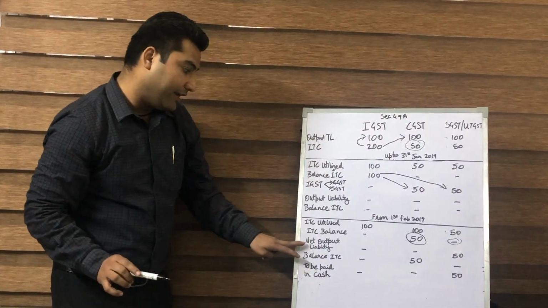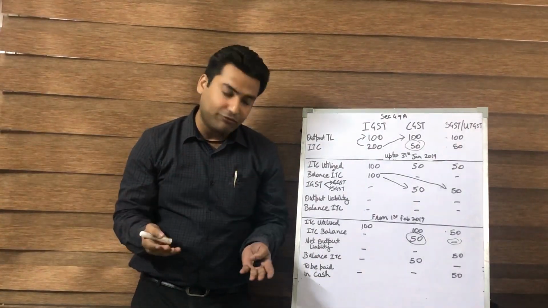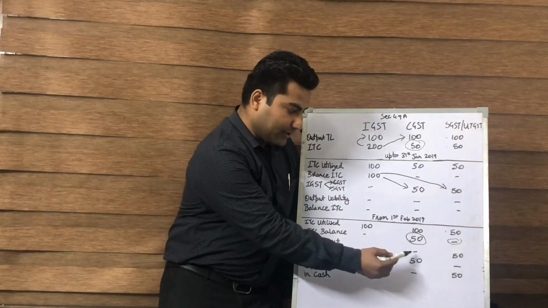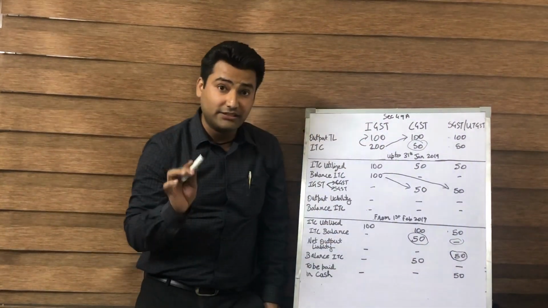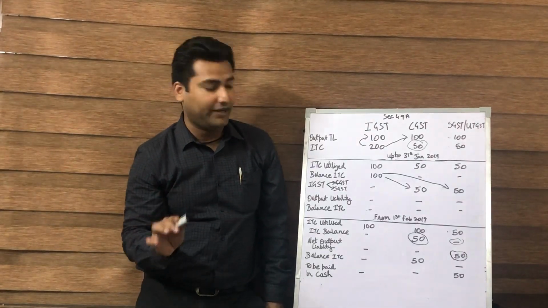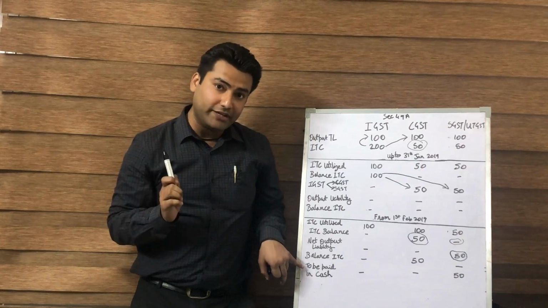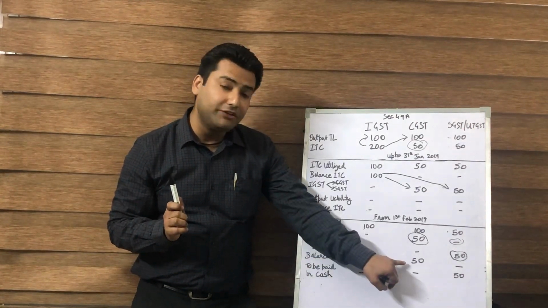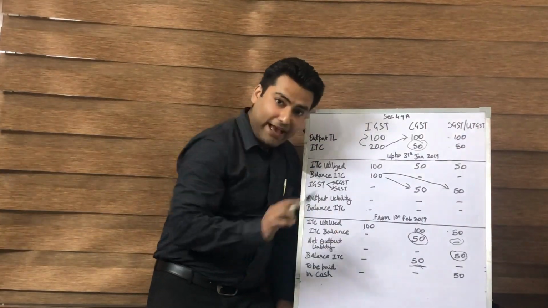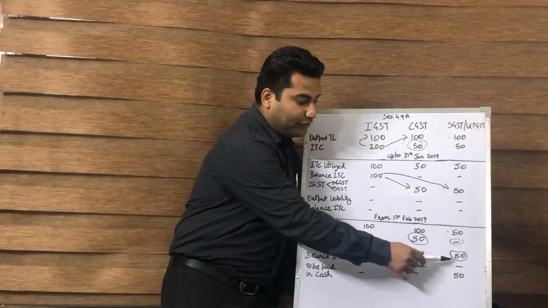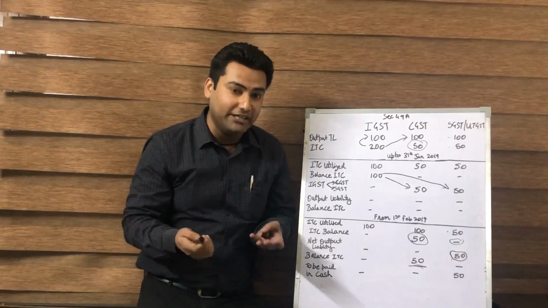Net output tax liability, this is what I am left with after the first step: 50 rupees of output tax liability that is still required to be paid. And the balance in my electronic credit ledger will be 50 rupees. I still have 50 rupees as my balance, which is my asset, and 50 rupees as my output tax liability, which is my actual liability.